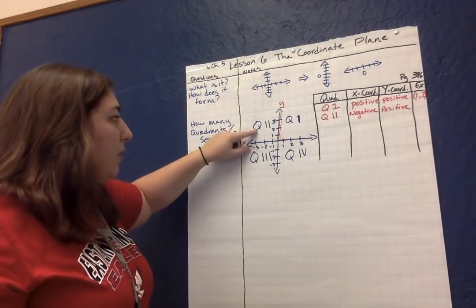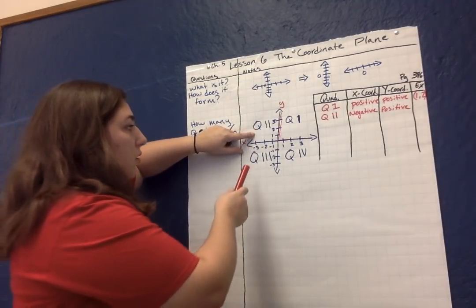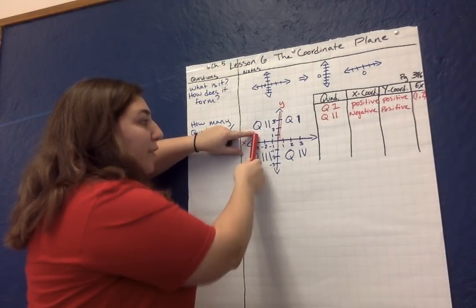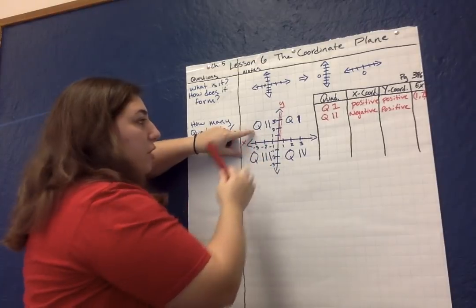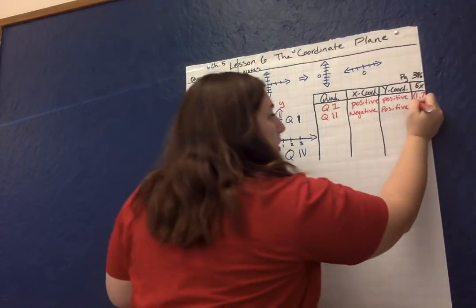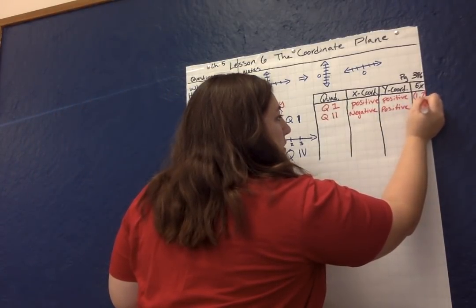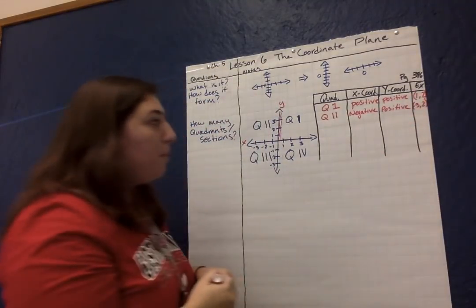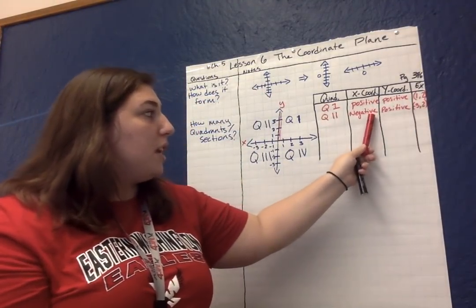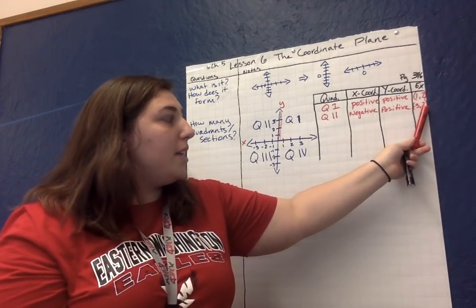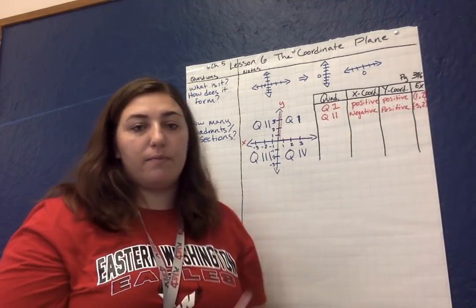Okay, so if I want to plot something over here, it might look like -3, so I say the x first, -3 and 2. And I put parentheses around it, okay? So my x is -3, which is negative, and my y is 2, which is positive.